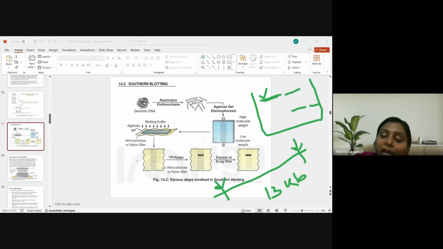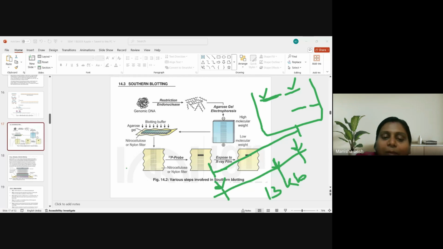Now when there is a mutation, what will happen? A second restriction site arises here. Mutation means a change in the DNA sequence, so that new sequence may be a restriction site for the restriction endonuclease. Now in a heterozygote, which has a normal gene and a mutated gene, the normal gene will be cut only at the two original sites, giving a 13 kb segment, and the mutated gene can be cut at three different locations.